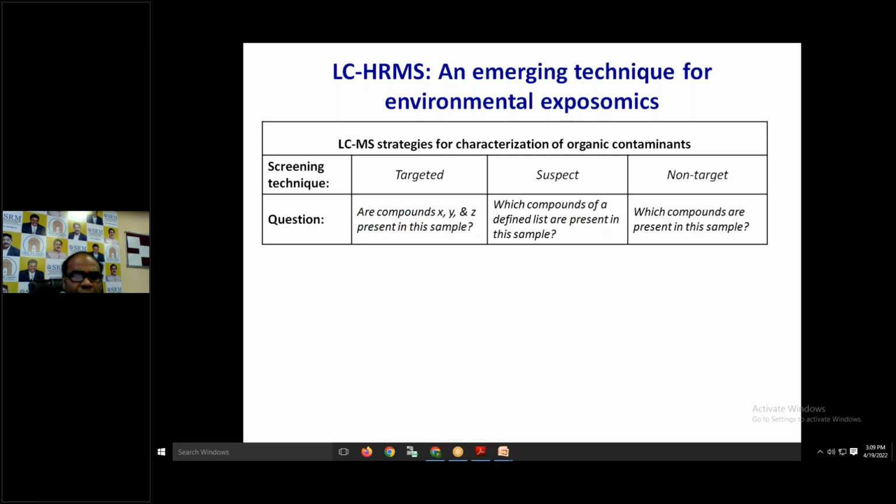We don't know what is present. So what is present or probably present, we are going to find out in this kind of analysis: targeted, suspect, and non-target.